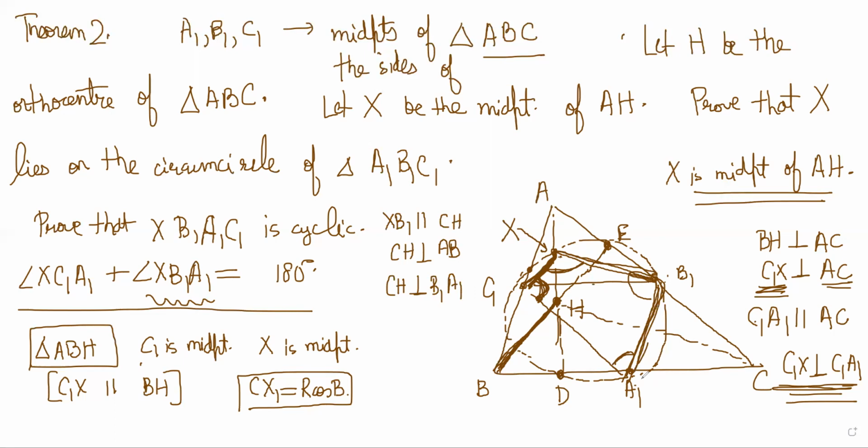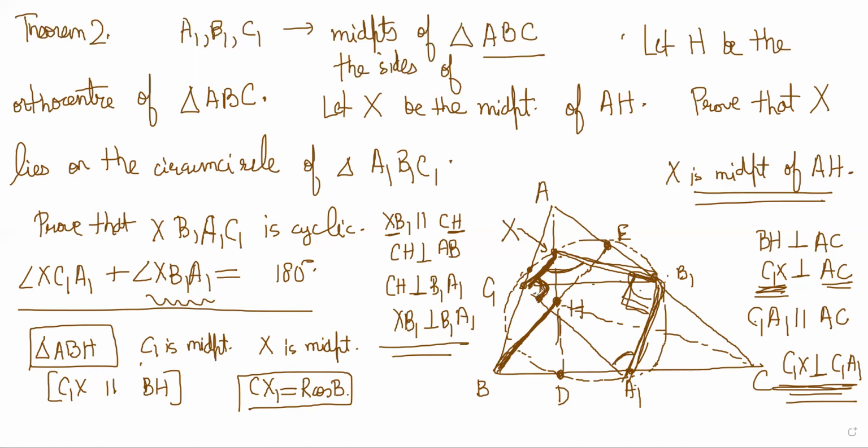So CH is perpendicular to B1A1, and XB1, which is parallel to CH, is also perpendicular to B1A1. So this angle is also 90. What we have suddenly is two opposite angles that are 90.